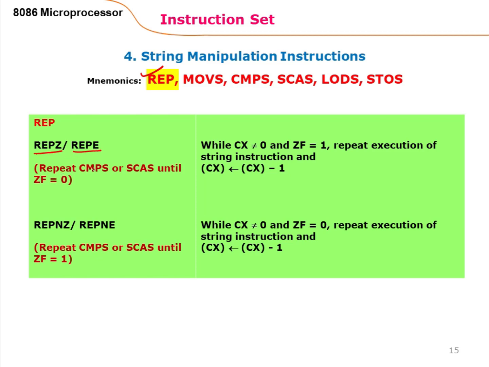So this repeats CMPS or SCAS, that is compare string or scan string, until the zero flag is 0; when the zero flag becomes 1, the repeat operation is stopped and it comes out of the loop. The same can be used for REPNZ. If it is not equal to 0, we have to repeat the instruction until the zero flag is 1, and when the zero flag becomes 0, we have to stop the repetition of the loop.